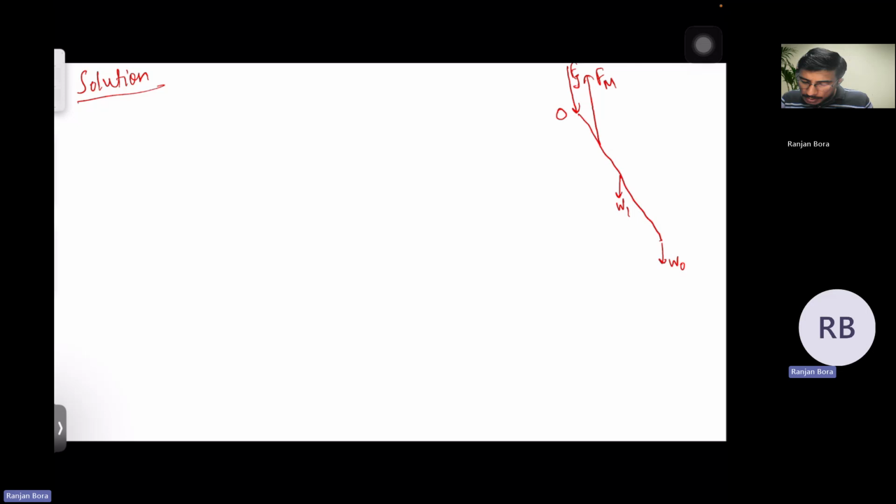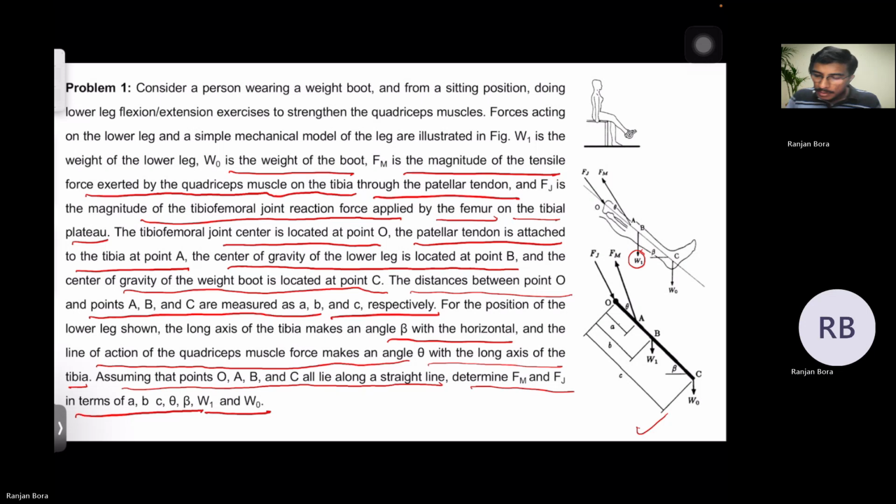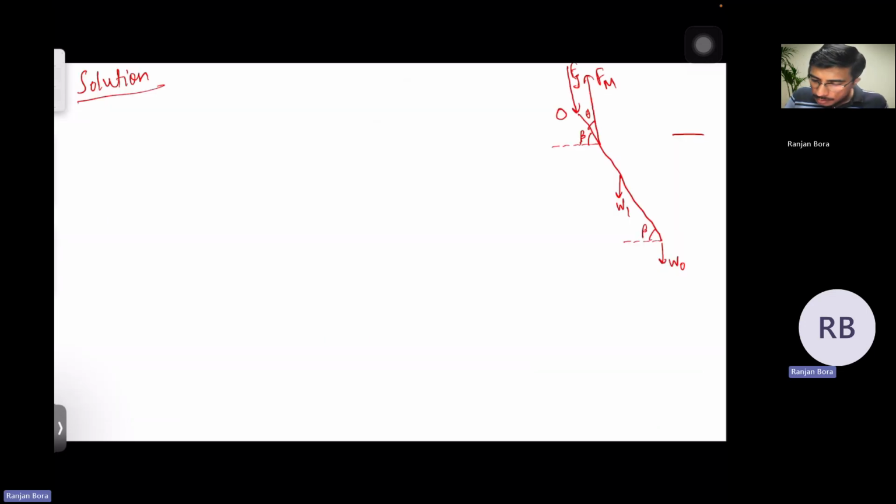And these distances are A, B, and C. This angle is theta. And we can see this angle is beta. And this angle will be beta. And this is the x axis and this is the y axis.